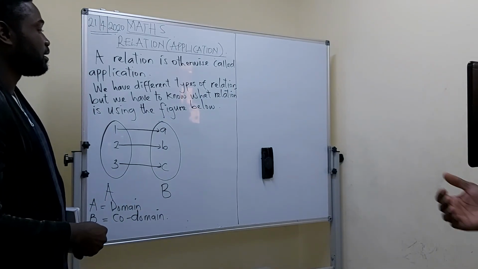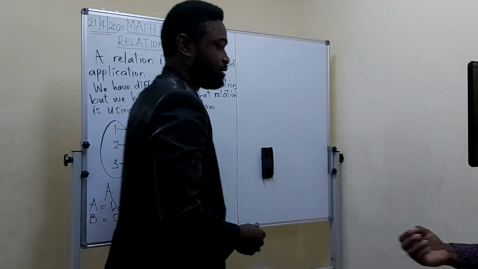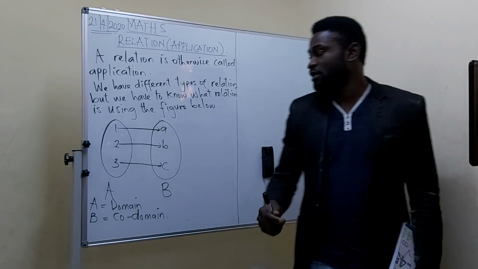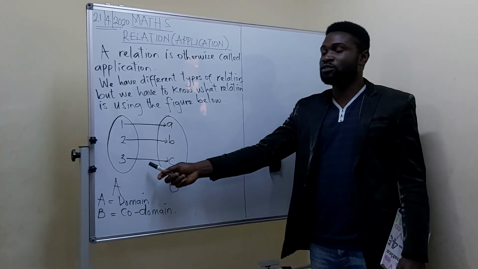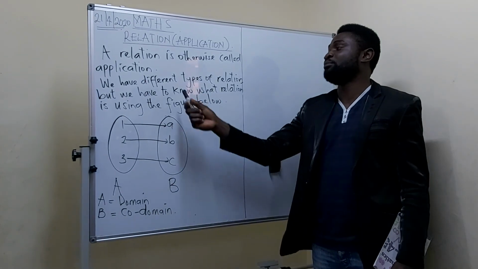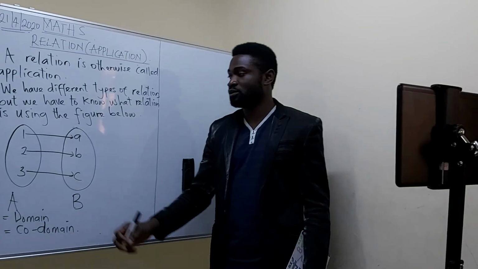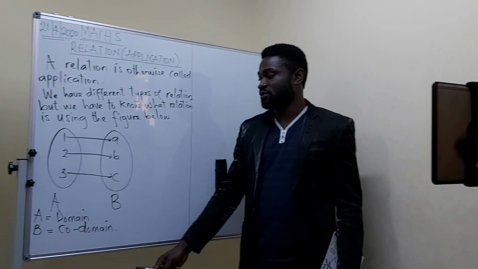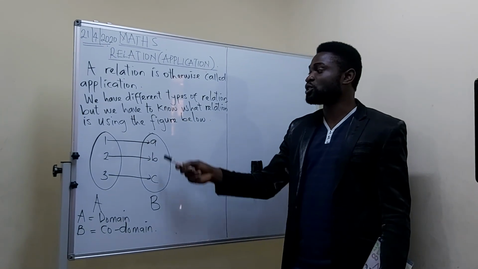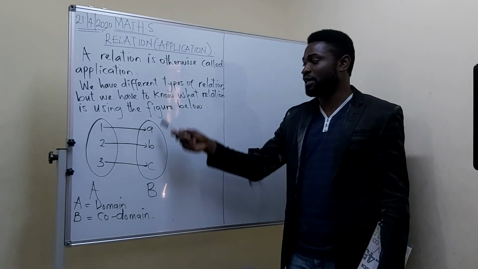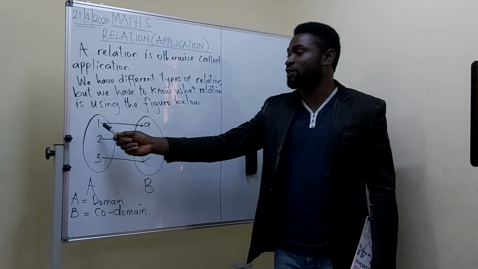Now, I said before that you need to know what relation is. This is going to be called a relation or an application if every value or member of the domain is connected to an element or a value in circle B. Now, as you can see, you see arrows going out from the first circle.